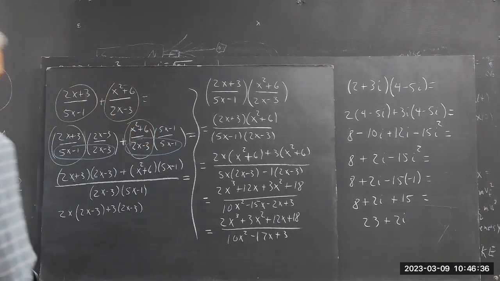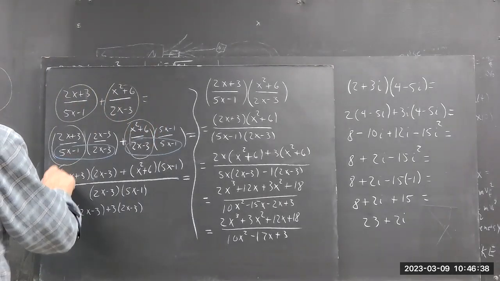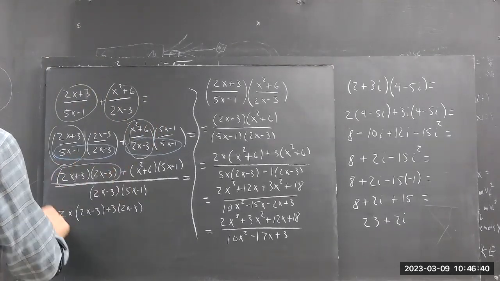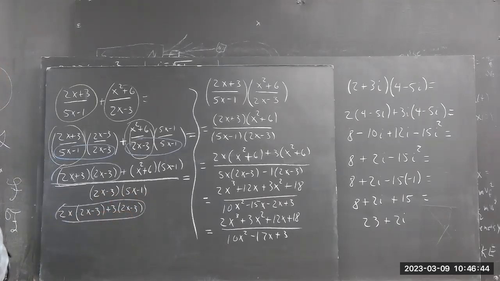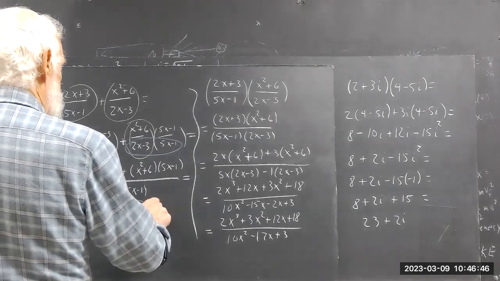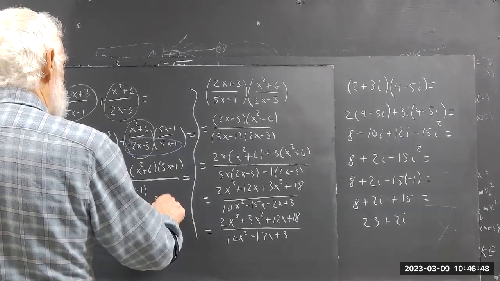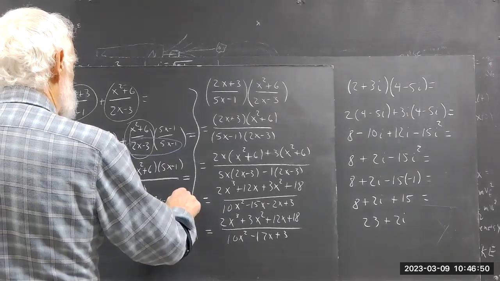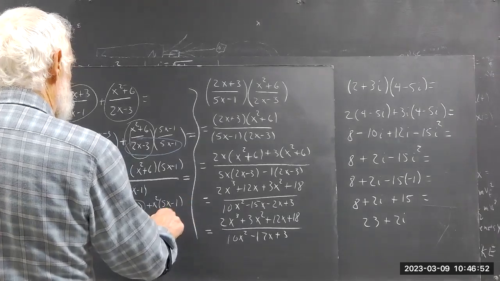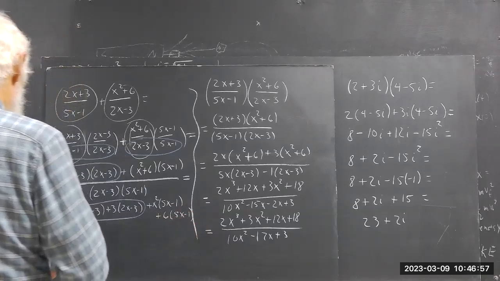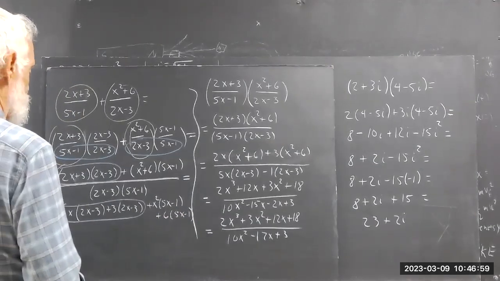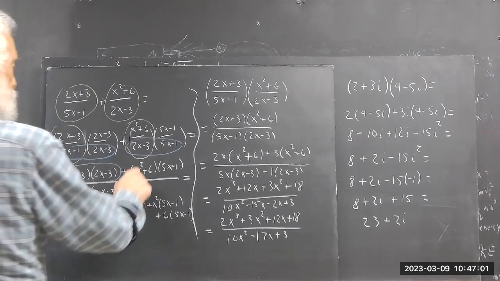So this term here becomes this. And then it's plus x squared times 5x minus 1 plus 6 times 5x minus 1. There's too much room to write this out.